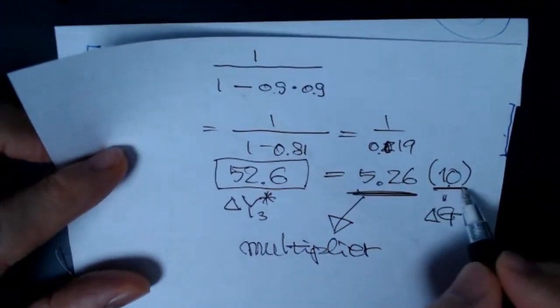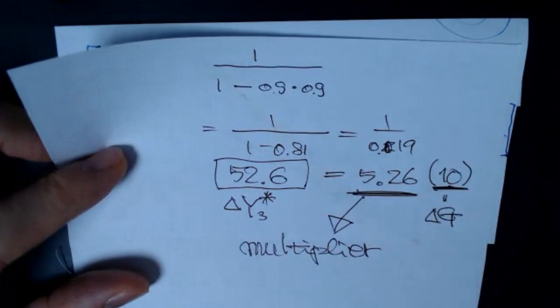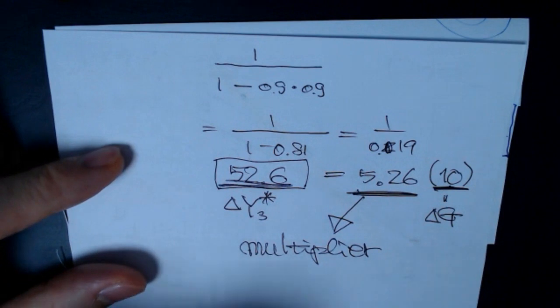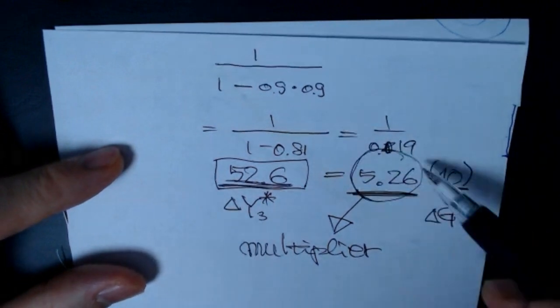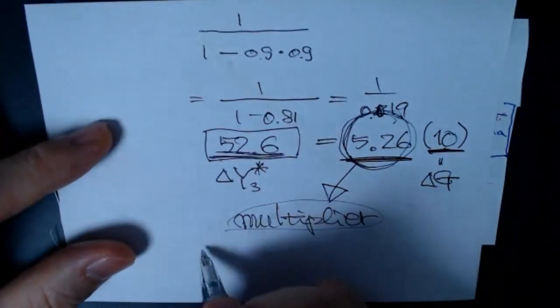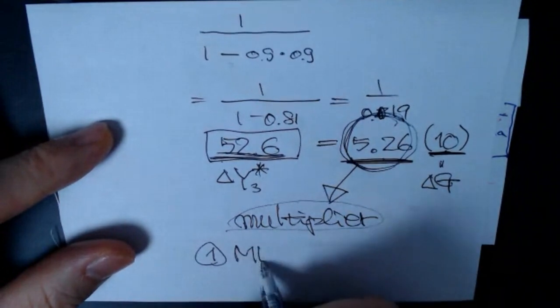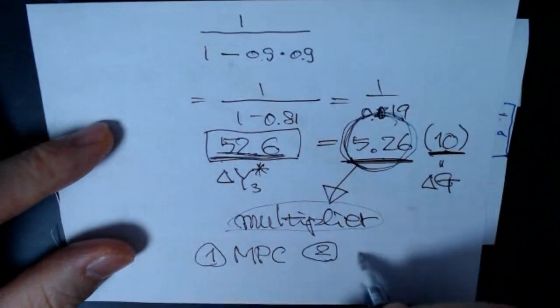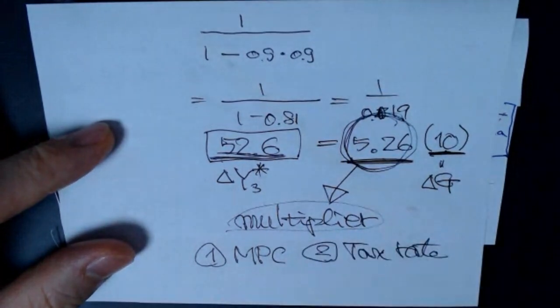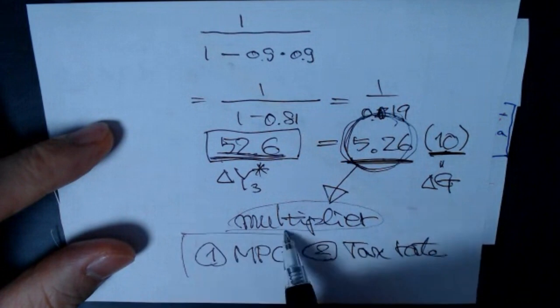So whenever government spending changes, national income must change. But how many times it will change depends on two factors. In other words, the size of the multiplier depends on two factors. One factor is MPC. The second factor is the tax rate. Mostly we focus on MPC.